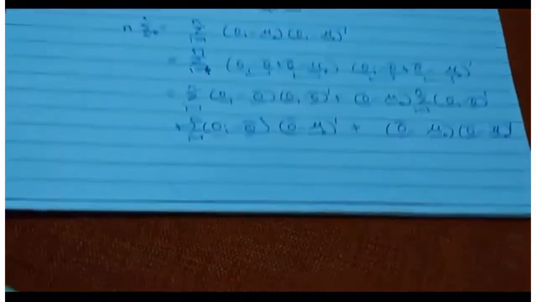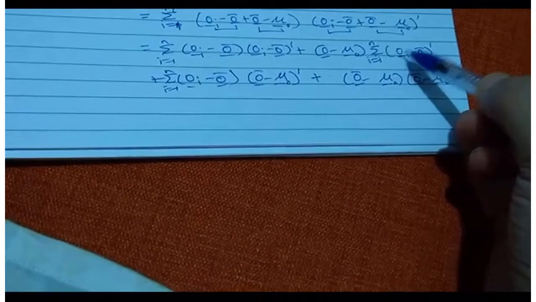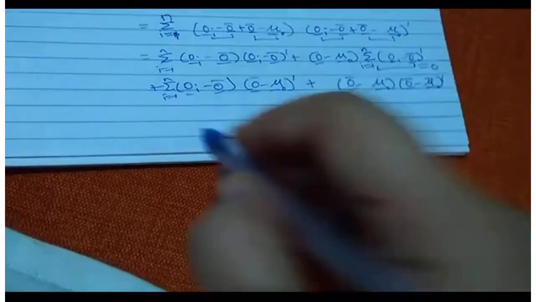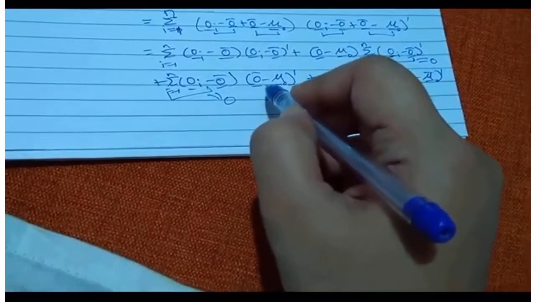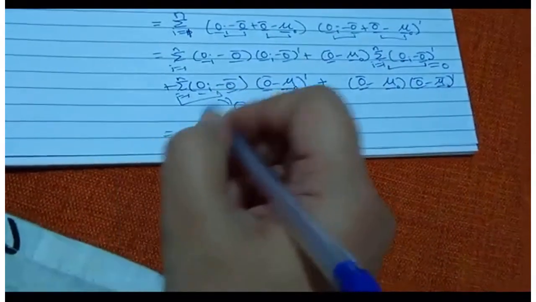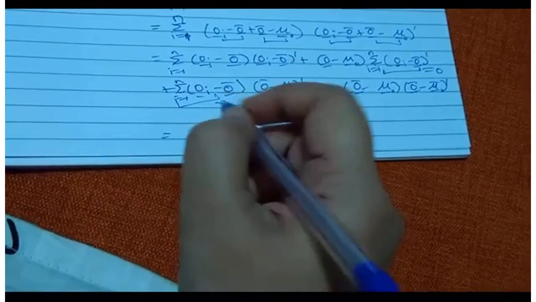We can easily see that this is nothing but the sum of deviations of observations from the sample mean, so this is going to be 0. Similarly, this is also going to be 0. This is anyway free from i, so it remains outside. So these two terms vanish.